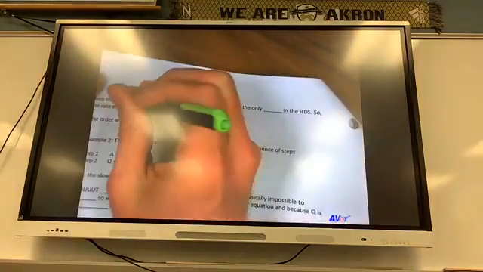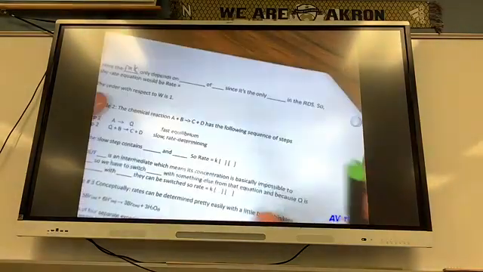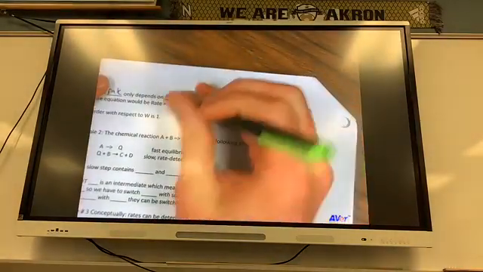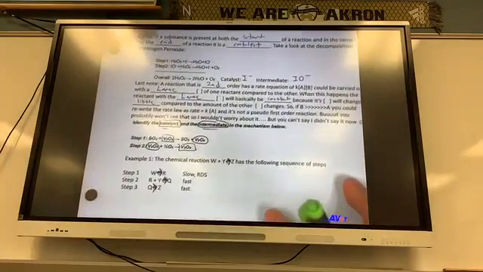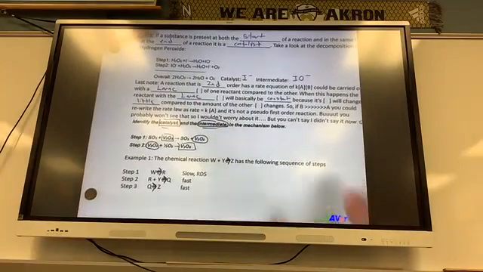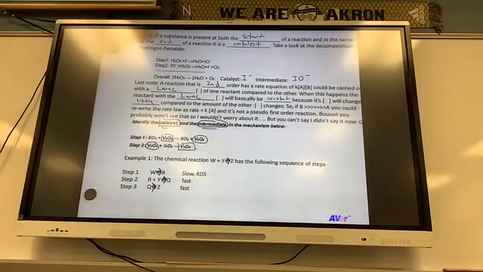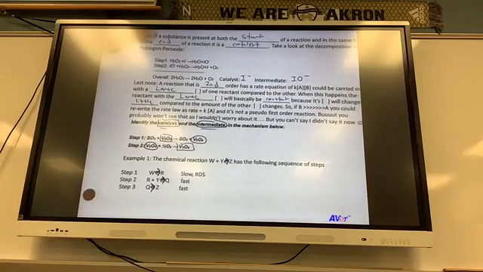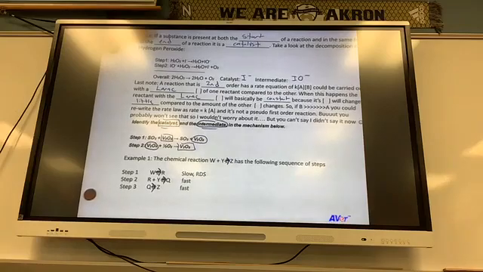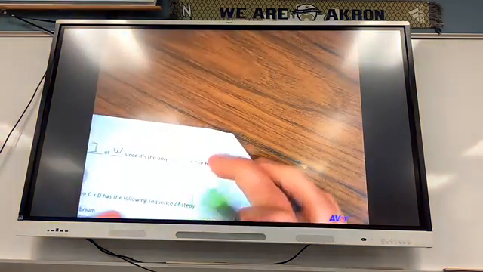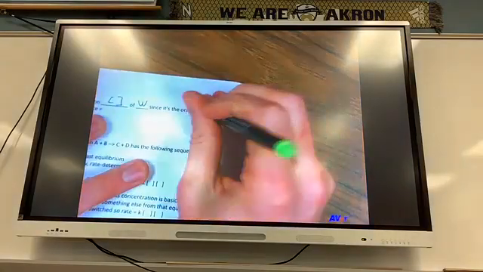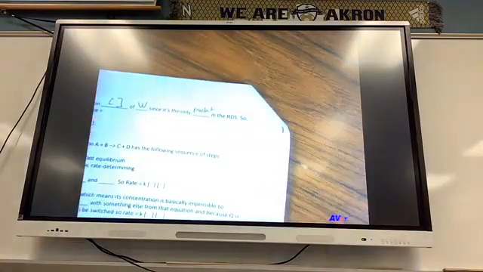The rate only depends on the concentration of what? It's going to be only in the slow step. It only depends on the concentration of W, because W is the only reactant in the rate determining step.